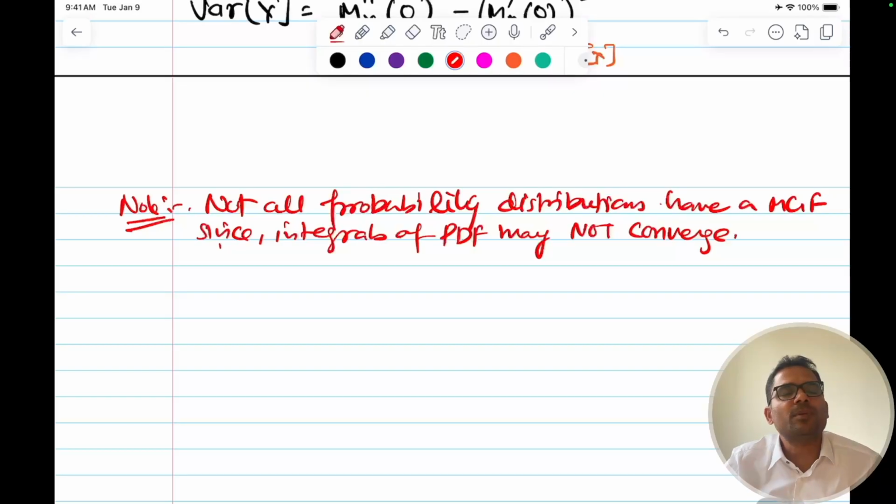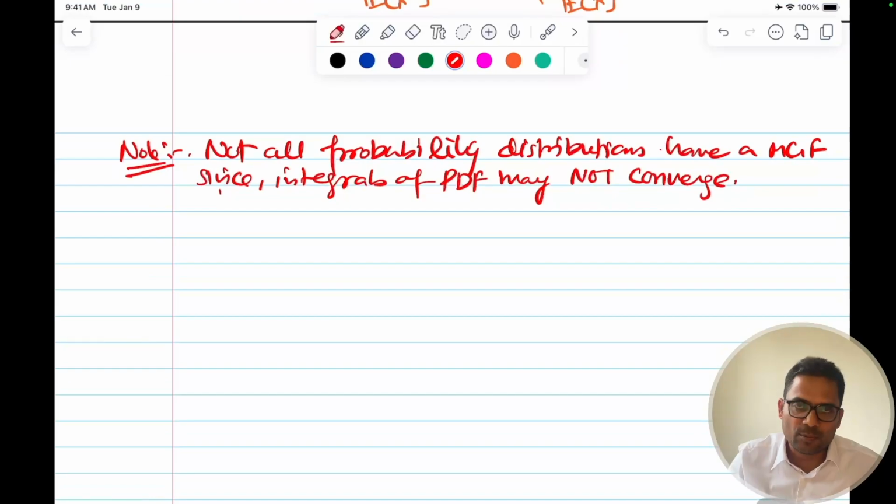For example, if I remember correctly, the Cauchy distribution; there it may not converge and will become infinity, so we will not have a moment generating function.